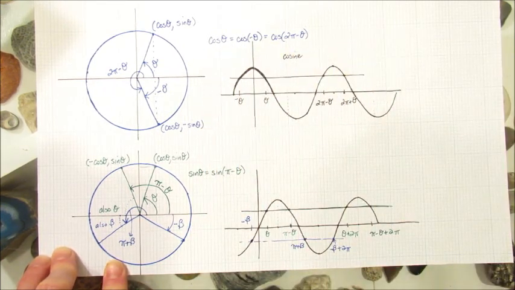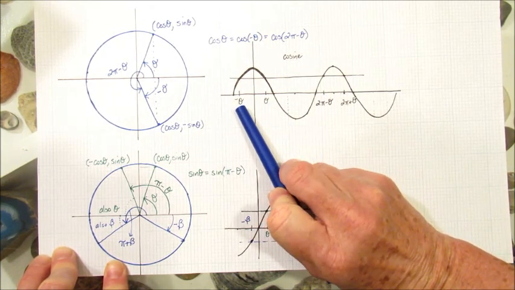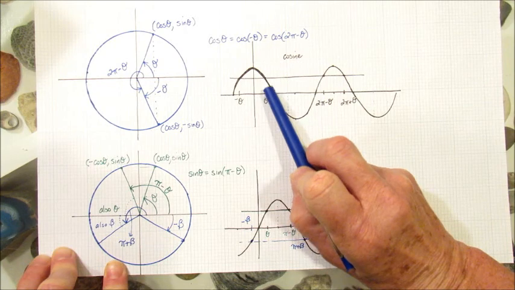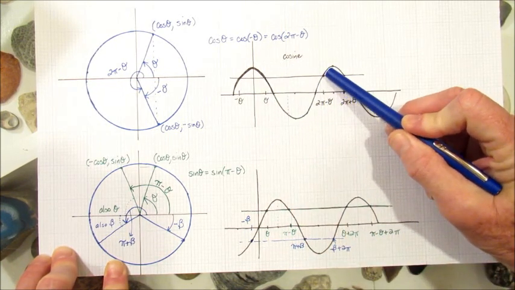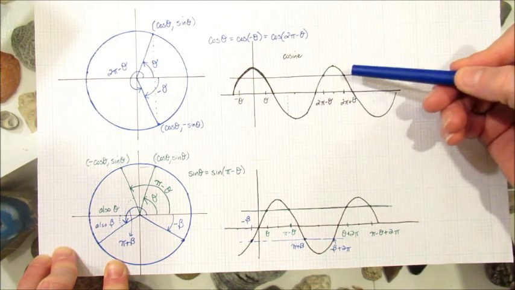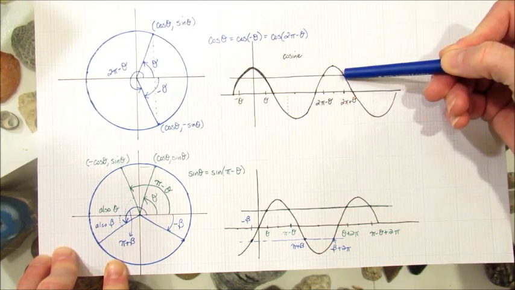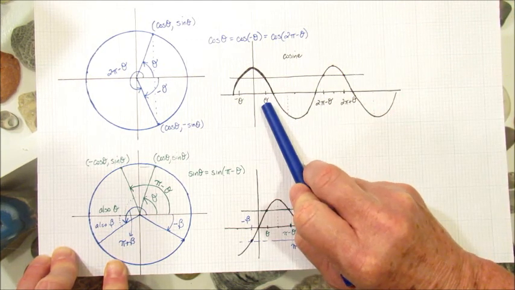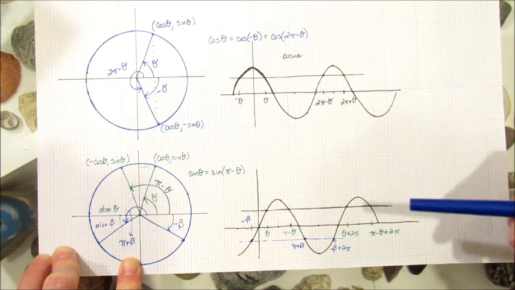So looking back at the graph here, notice for cosine, negative theta is giving you the same solution as theta, is giving you the same solution as 2 pi minus theta. And then this solution is kind of matching up with that one. It's one wavelength away from this solution. You're always going to get repeated solutions if you just keep adding the wavelength.